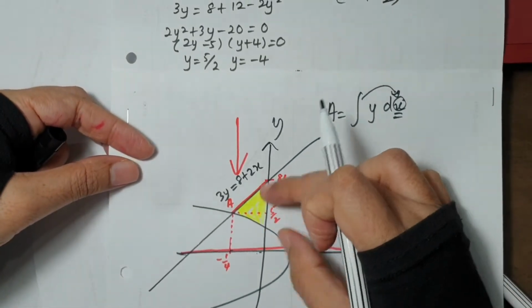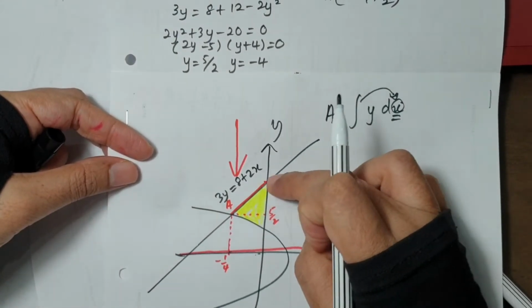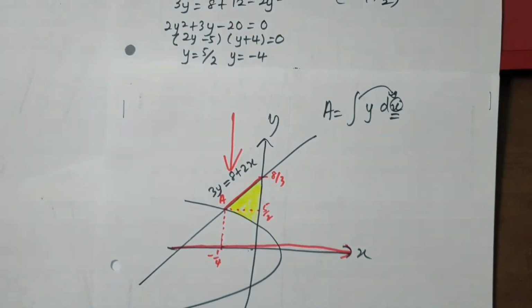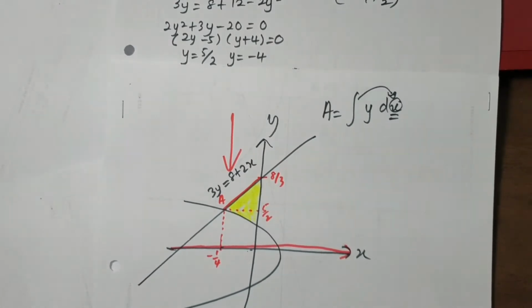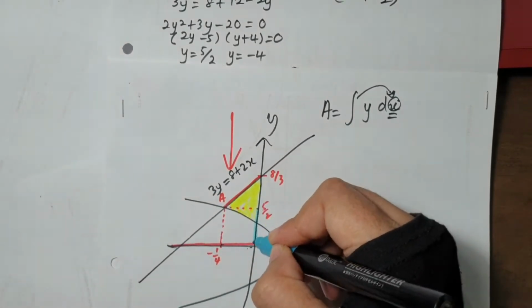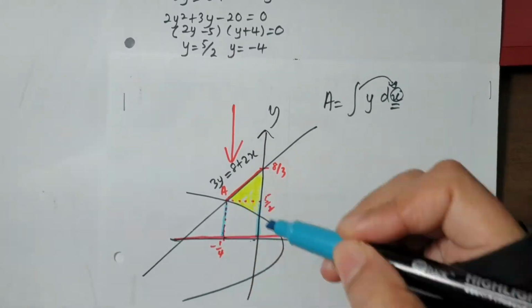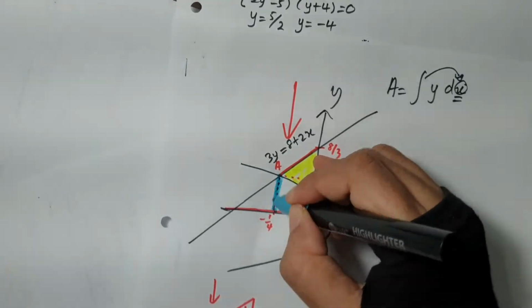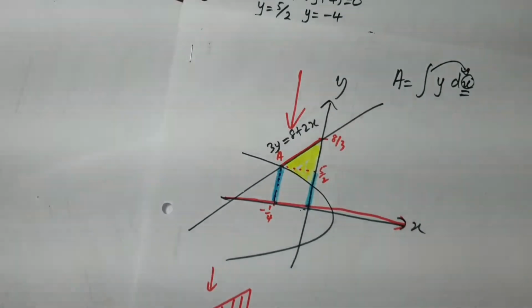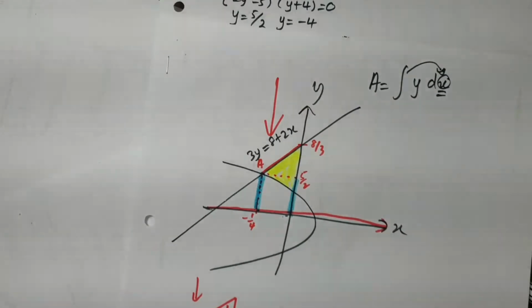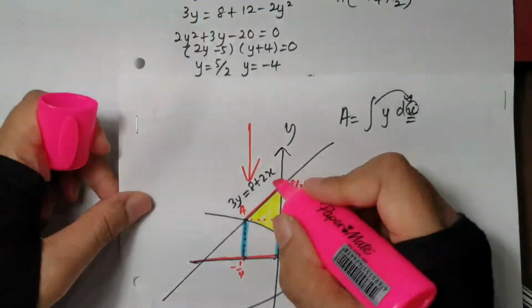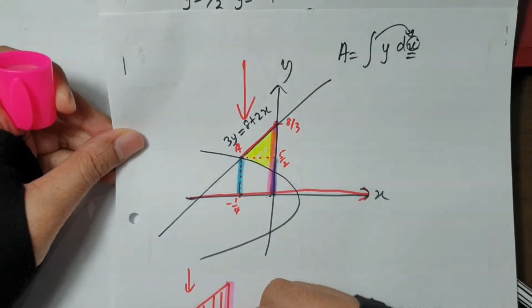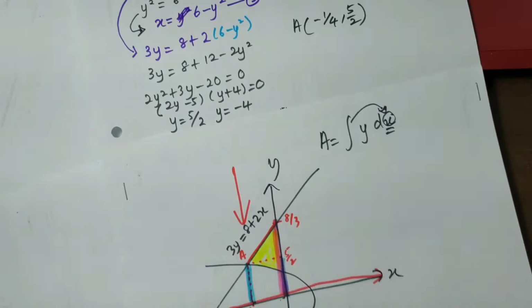And then this one, the length from here to here, since here is 8/3, is 8/3. Once again, the height here is 5/2, and the other height is 8/3.